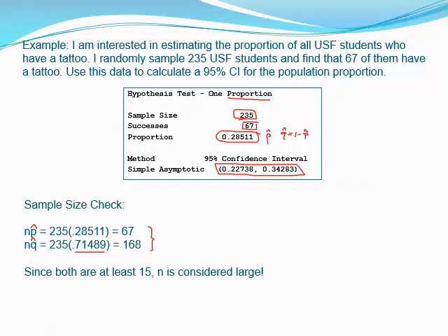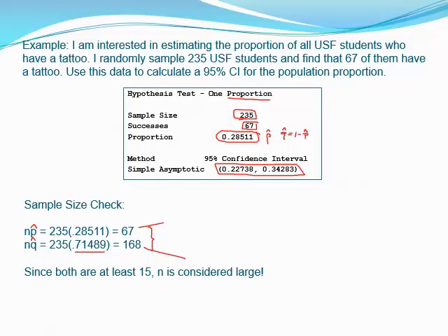You see me write this criteria as n times p and n times q both have to be greater or equal to 15. But in practice, it's so much easier than that. I have to sample enough experimental units, in this case students, so that I get at least 15 successes and at least 15 failures.